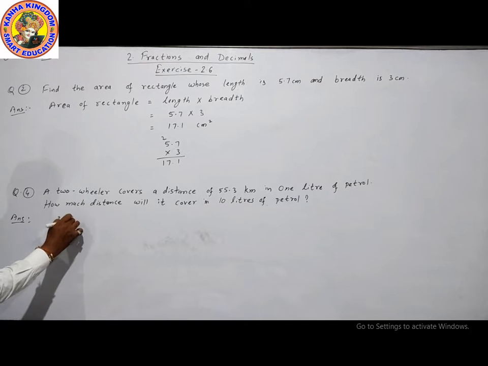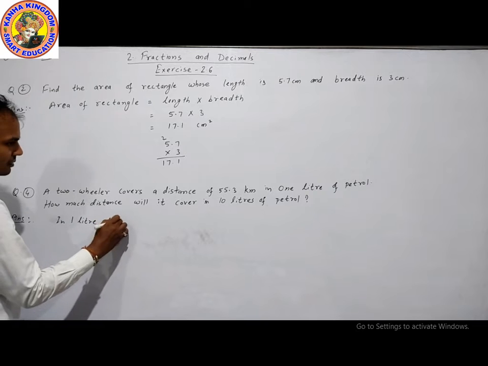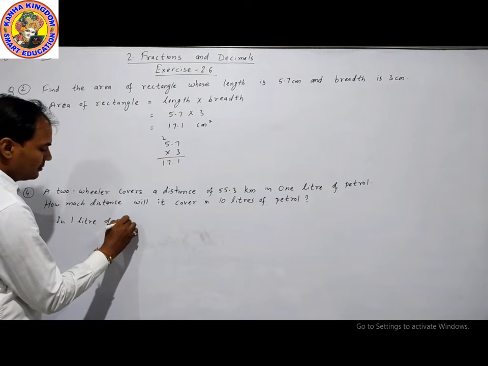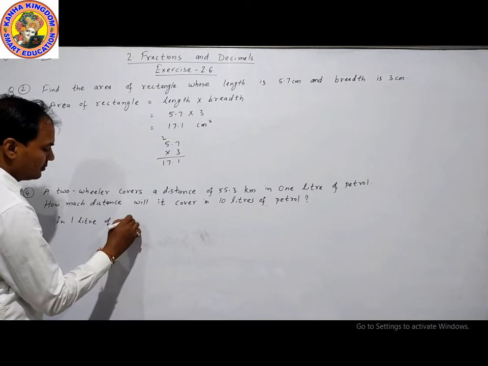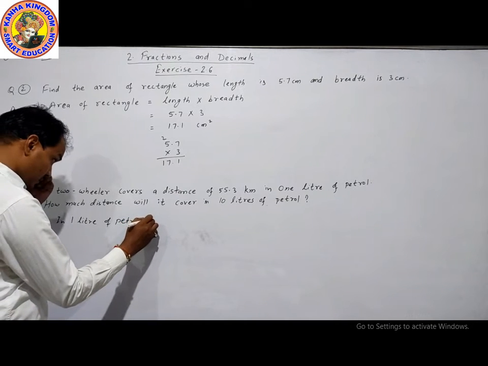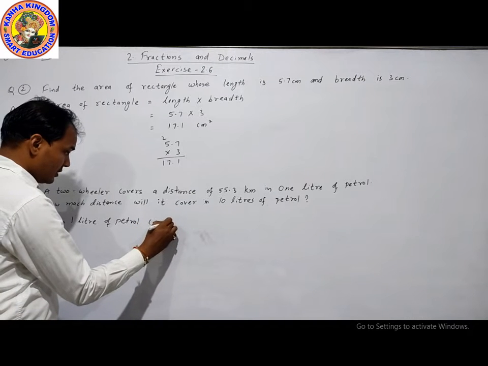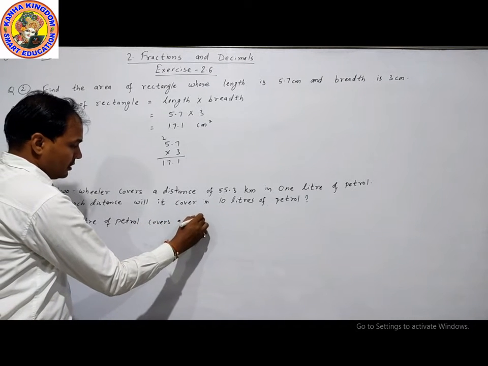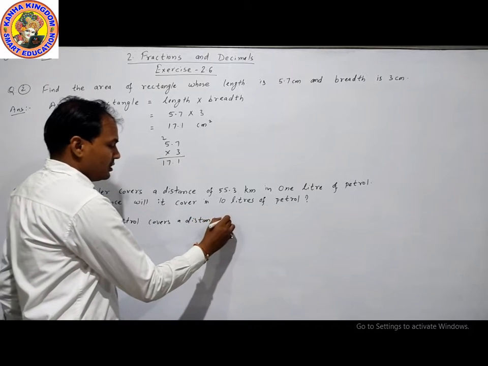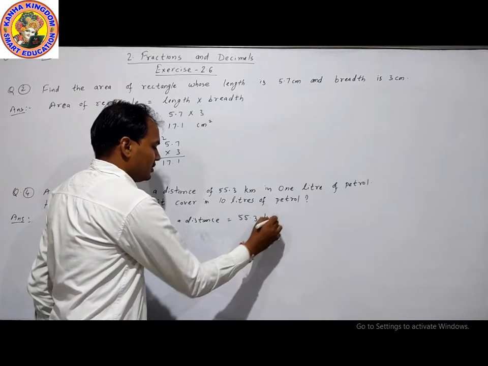In 1 liter of petrol, the distance covered is equal to 55.3 kilometer.